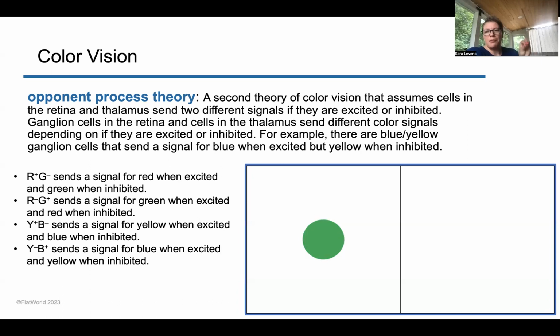The fact that you can't combine them suggests this isn't just a wavelength thing, and the opponent process theory tries to account for that fact too.